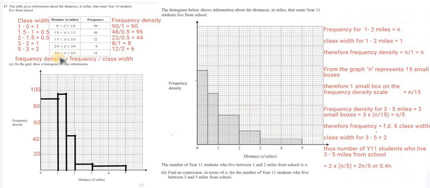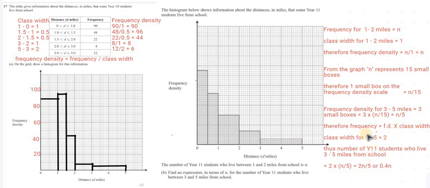And if we rearrange the frequency density formula to find frequency, frequency is equal to frequency density times class width. And for 3 to 5 miles, the class width is 2, which is 5 minus 3. The frequency density we know is n over 5, which is 3 levels up.